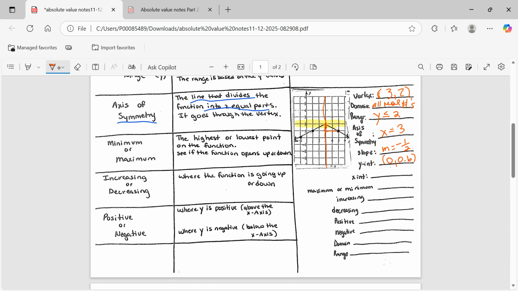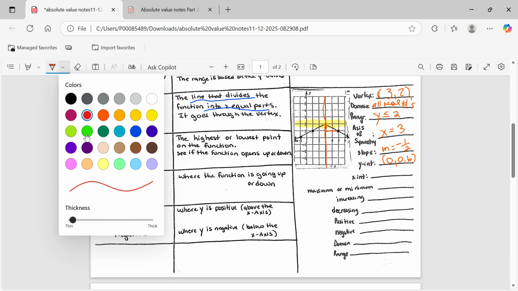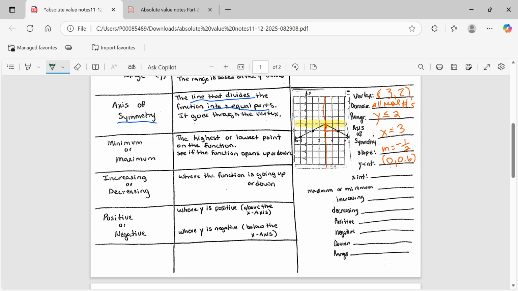For the x-intercept, I am going to look along the x-axis, and boom, there it is, and boom, there it is, kind of out there.